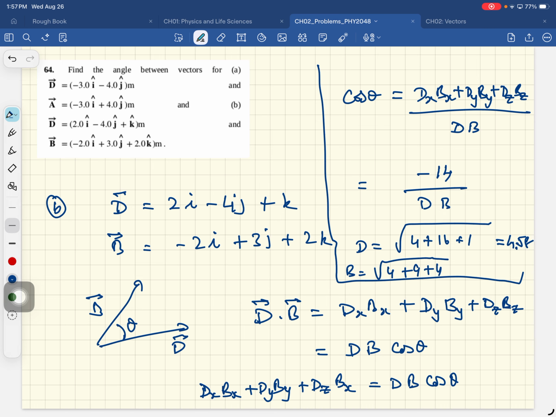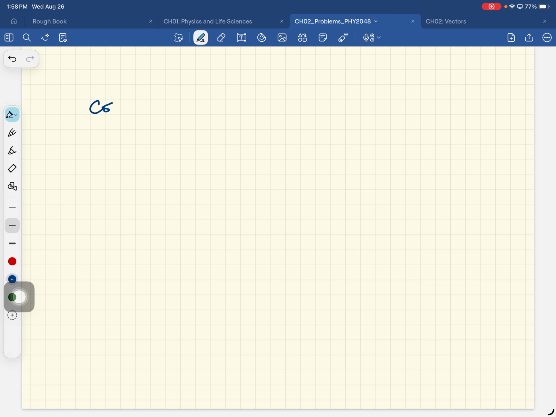And then plus AXCY. So that's 8 minus minus 12. That's plus 20. There's the vector.